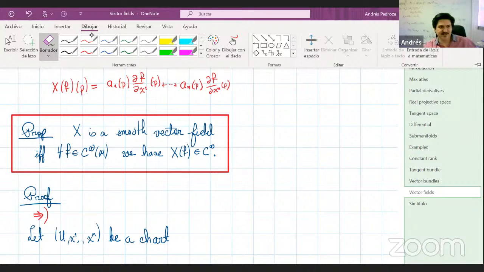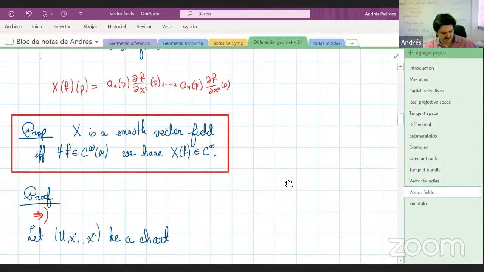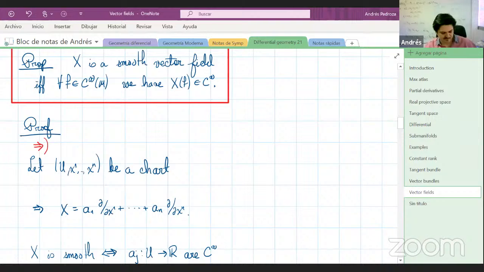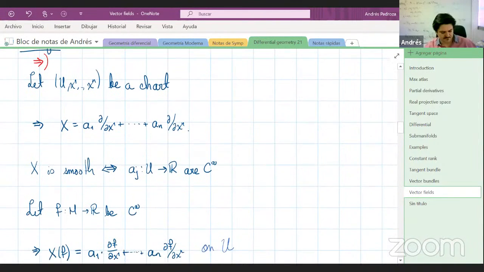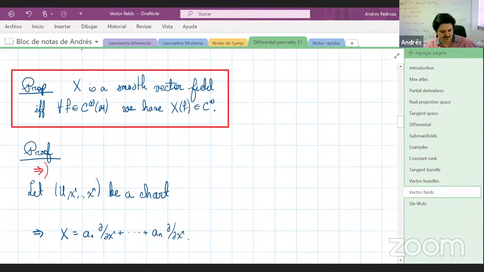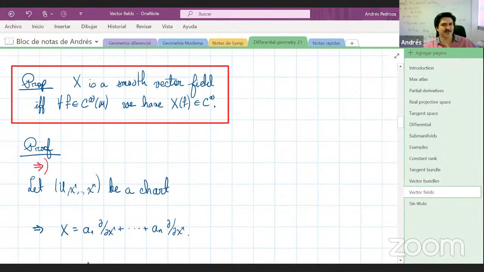Salvador, si estás aquí, puedes conectar. No, ya vi que se salió otra vez.